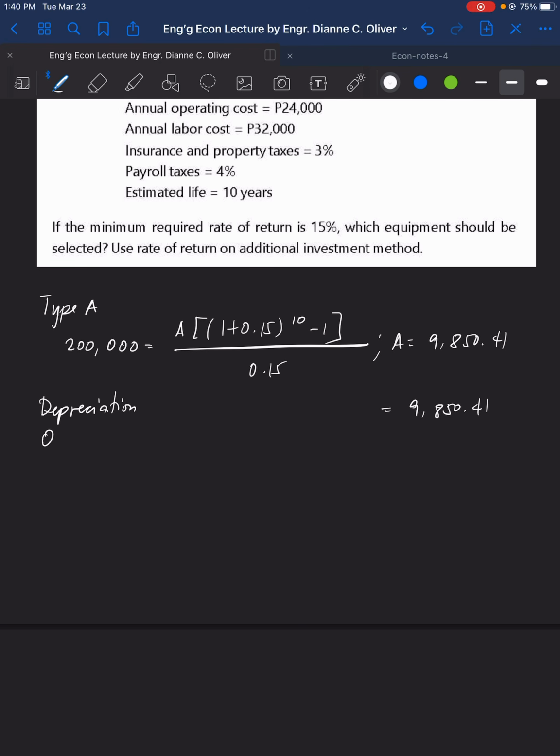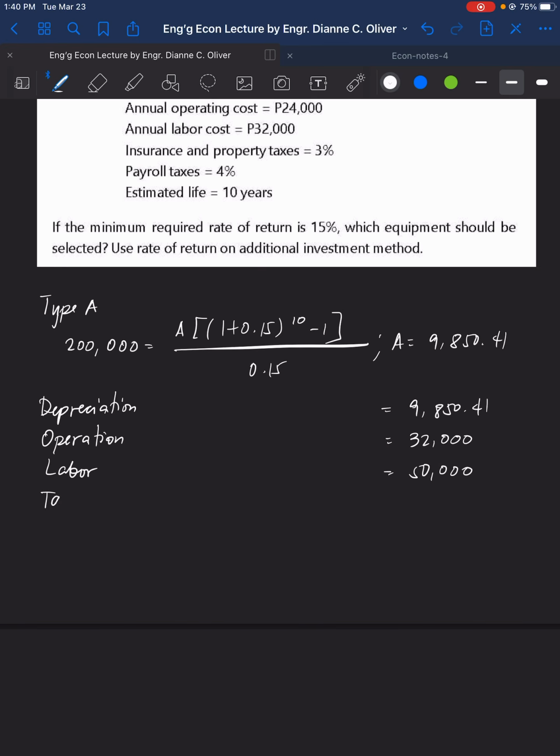Then we have the operating cost, that is 32,000 for type A. Then we have the labor cost, that will be 50,000 pesos.